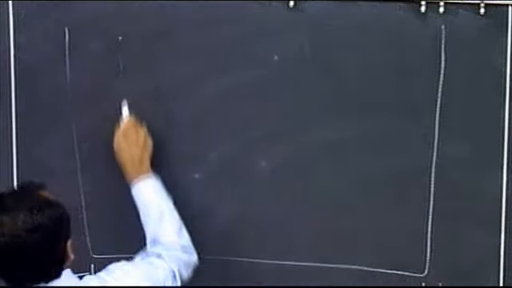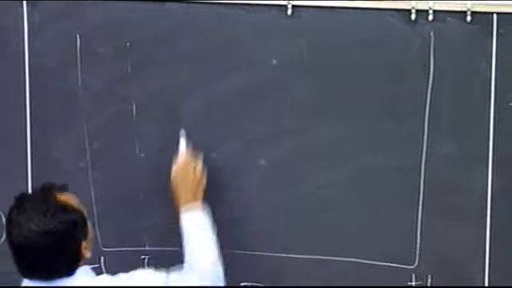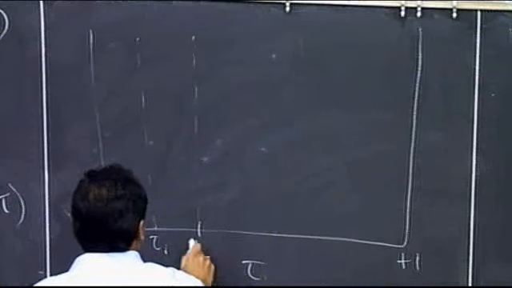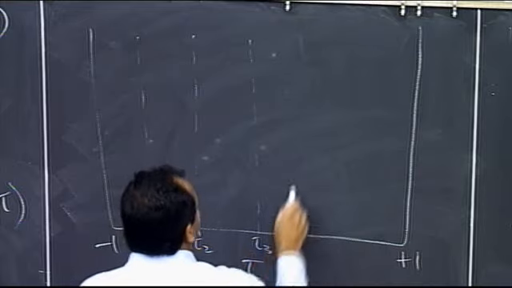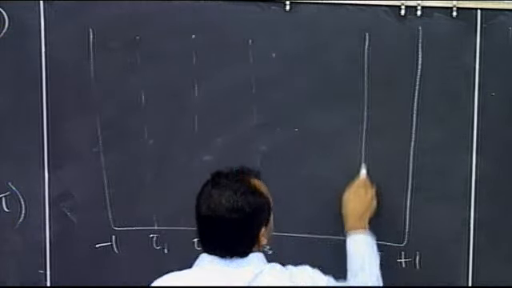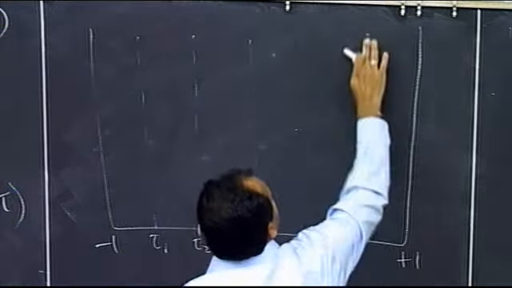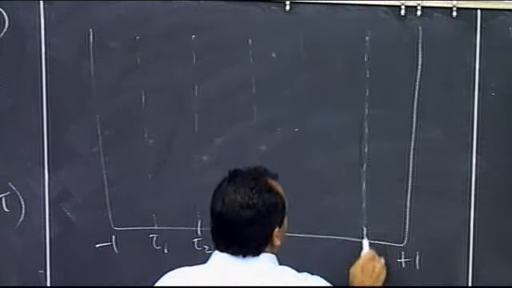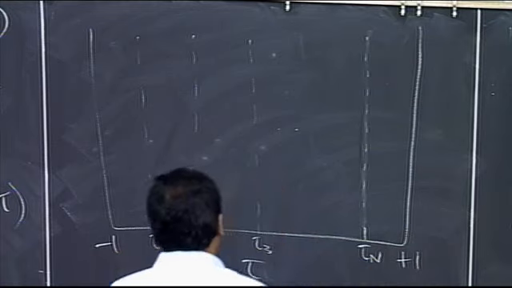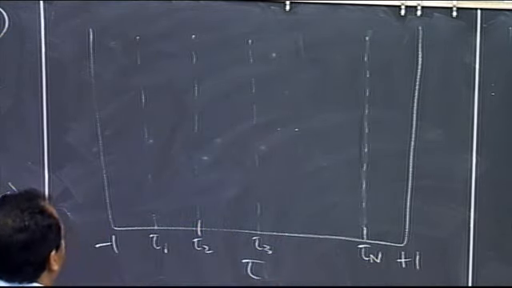And let's just choose a bunch of points here. Tau 1, tau 2. I haven't told you what these points are. I'm just going to pick a bunch of points here. Tau 3, all the way out to tau n. Okay? These points could include the endpoints of the interval.